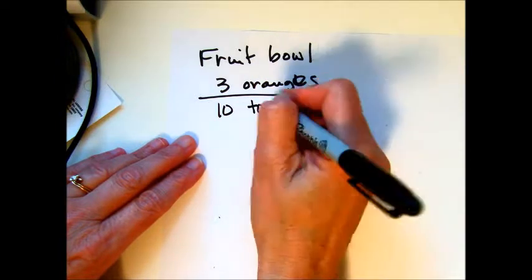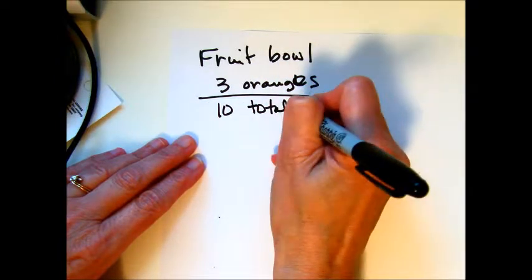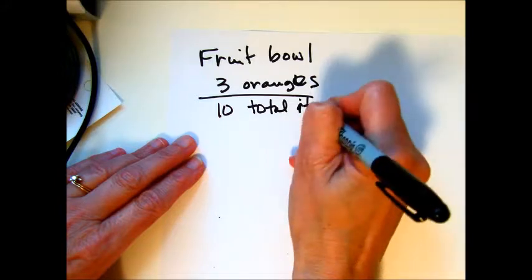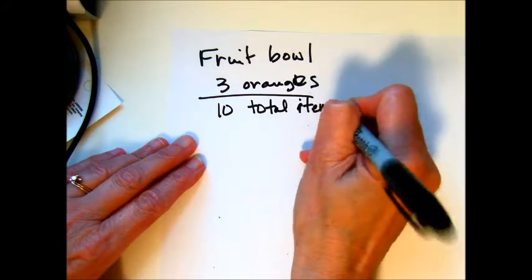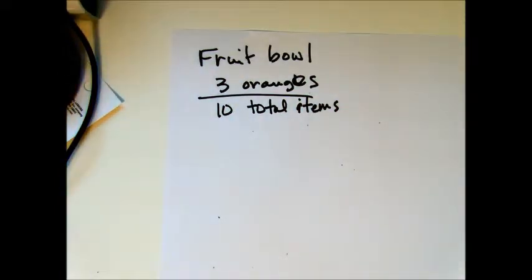So 10 total items. Again, you might have bananas, you might have some apples, but we're comparing 3 oranges to the total number of items in the fruit bowl.